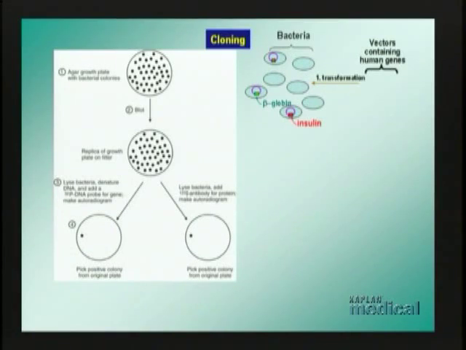So now we have a culture of E. coli. Most E. coli didn't pick up any vector at all. Some E. coli did pick up a vector containing a human DNA insert. What's done to get rid of all those E. coli that did not pick up a vector is that some sort of antibiotic is added to this culture. In this example, we add ampicillin.